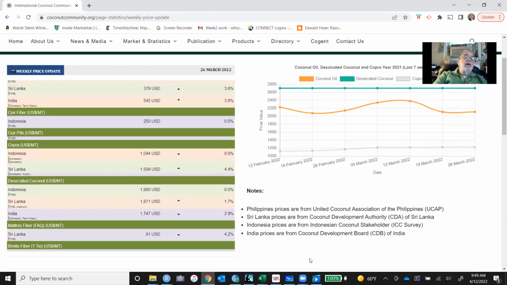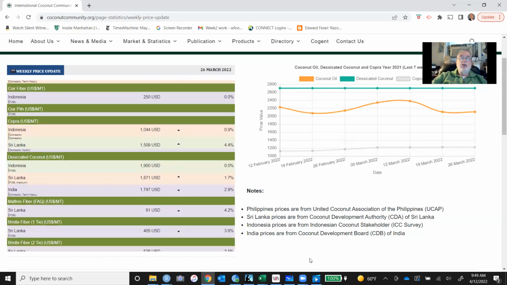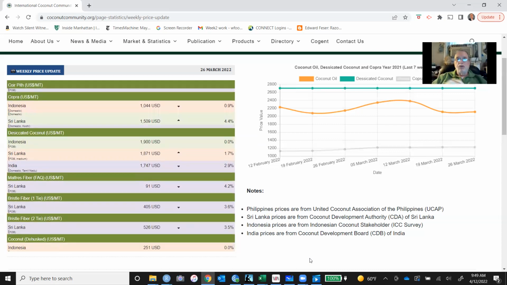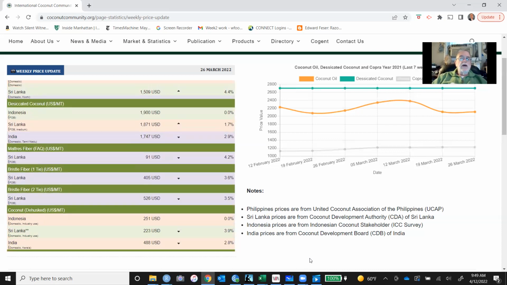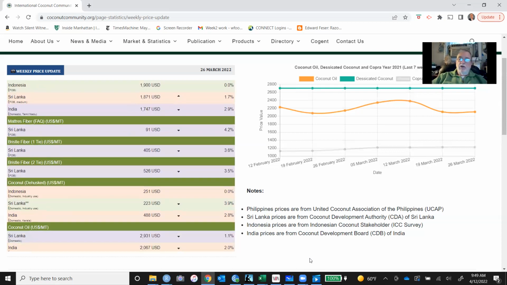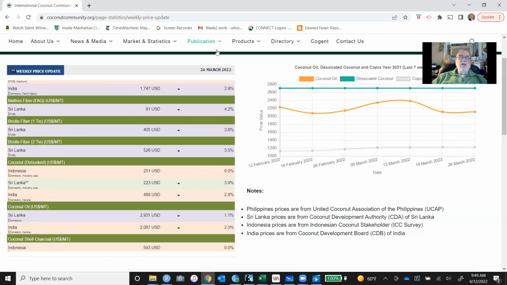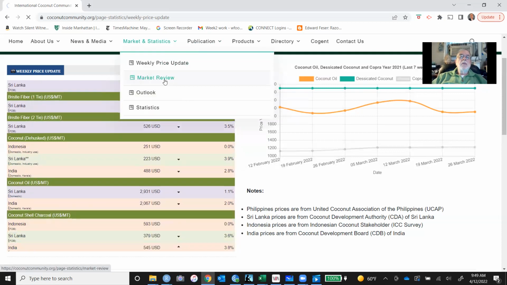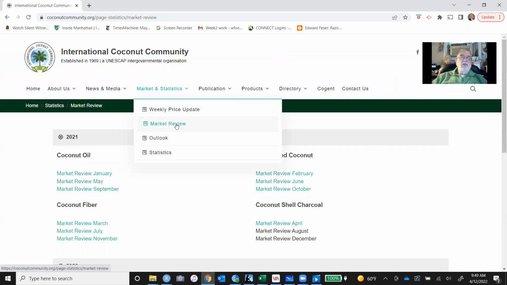You see, we only have an Indonesian price of $250 per metric ton. These are metric tons. These are more than the US 2,000 pound tons. I think they're closer around 2,200 pounds, as I recall. You can see some of these countries lining up here. There's some graphics here, but there's a publication. Let's see if we can get some market review here. And we can get a weekly market review.